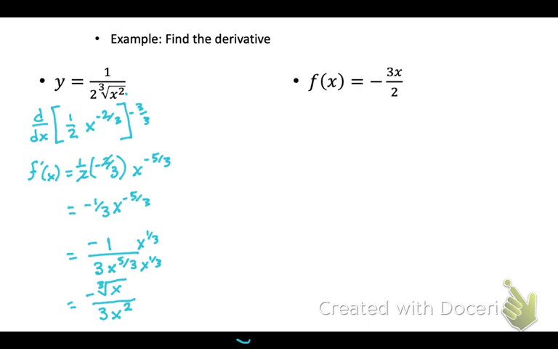Okay, well, after that one, the next one looks really easy, doesn't it? Yeah. How are we going to rewrite it? Negative 3/2 x.